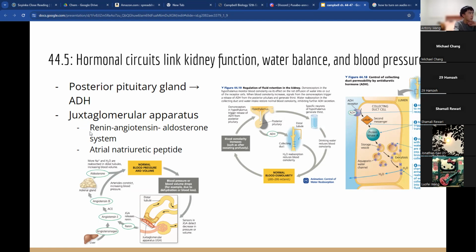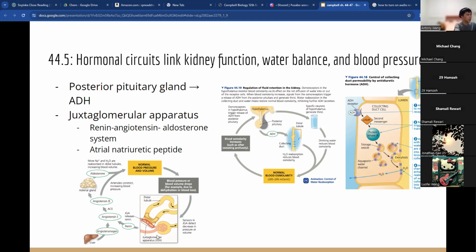Then we have the juxtaglomerular apparatus, a system that is produced in the kidneys, goes somewhere else, and then comes back to the kidneys.